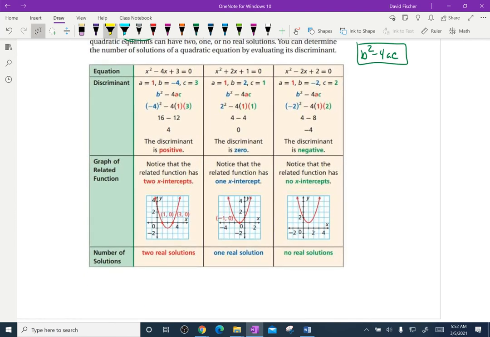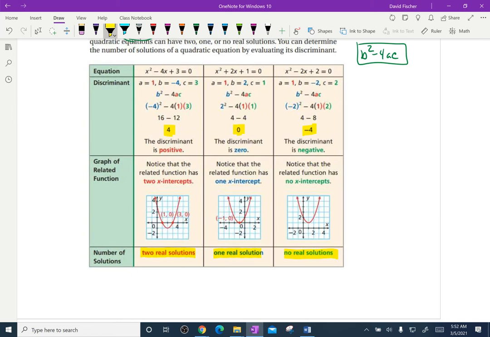Now, here's the key. When you're all done, if your answer is positive, well, then we have 2 real numbers. Okay. If our number is exactly 0 when we do our work, we have 1 solution. And if we have a negative answer, then we have no real numbers. So it kind of speeds things up.